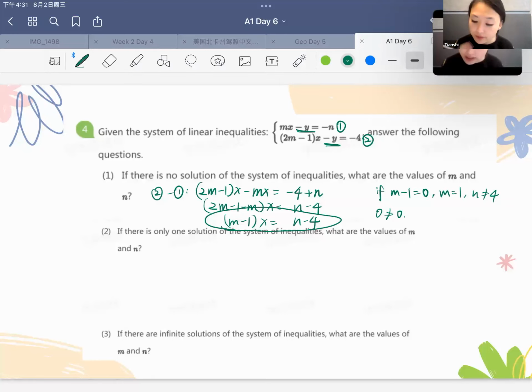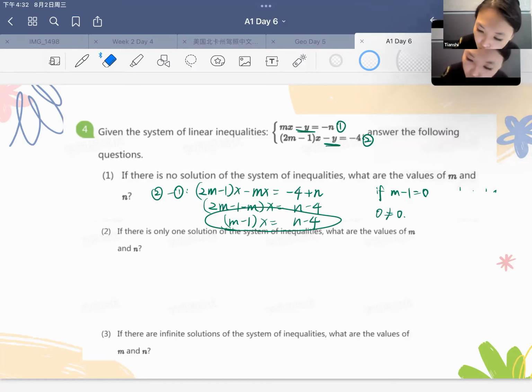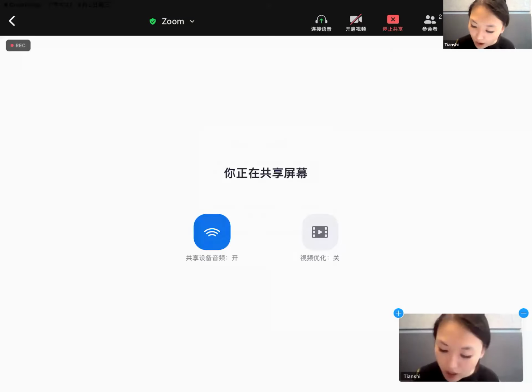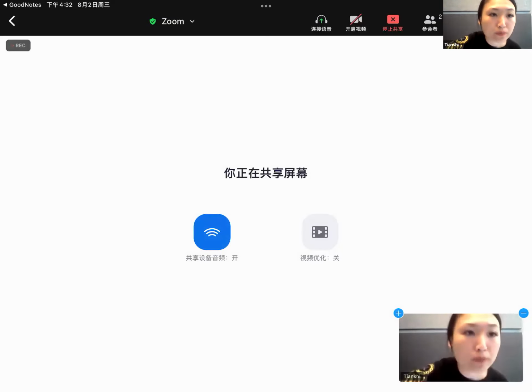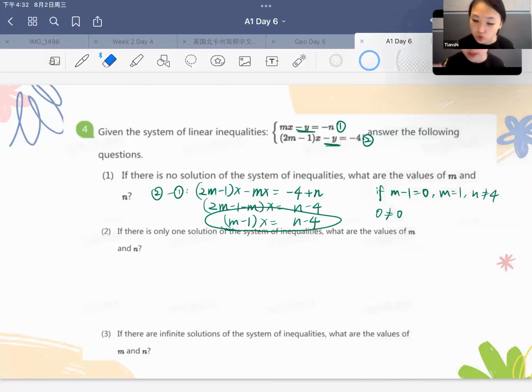So if m equals 1, but n is not equal to 4, then there is no solution. So the answer for the first one is that m equals 1, while n is not equal to 4. So in that case, there is no solution.